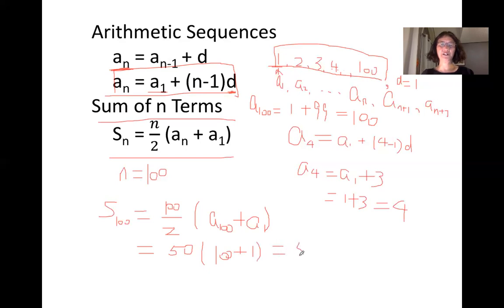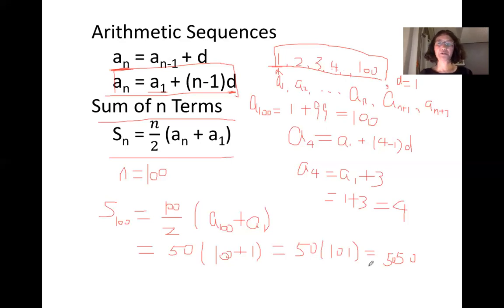So the result is 50 multiplied by 101, which is 5050.